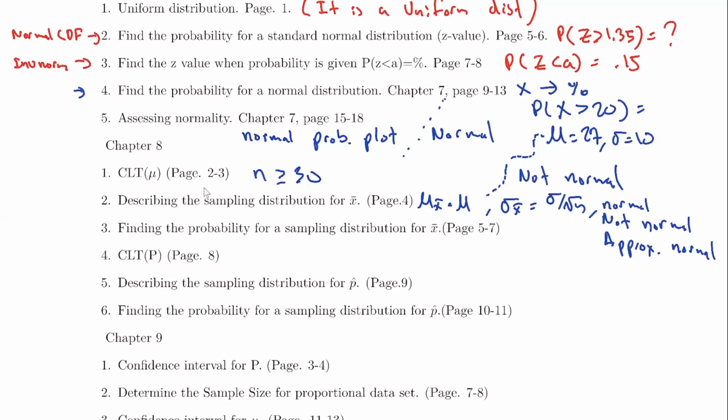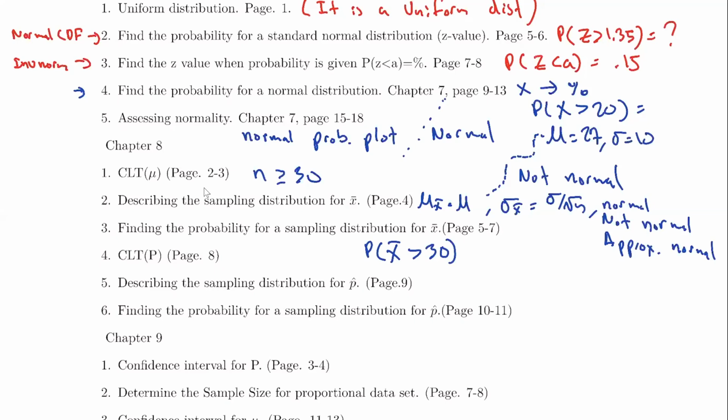That's what I want when I say describe the sampling distribution of X bar. Any question in regard to describe the sampling distribution of X bar? So let's go to 3. Topic 3 says find the probability for a sampling distribution of X bar. For that one, you have the probability of X bar, and it could be greater than, let's just say, 30.